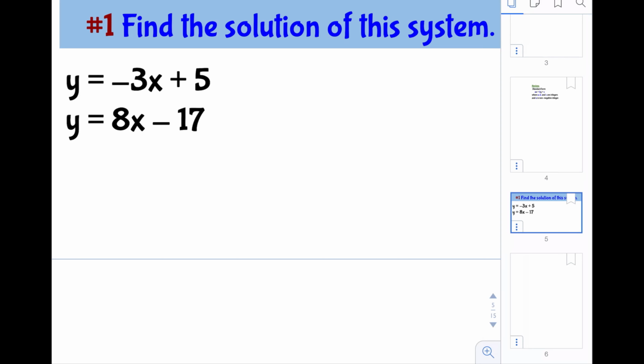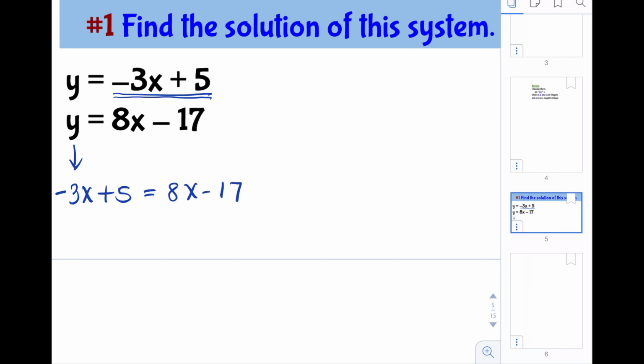To do this, we know that y is equal to negative 3x plus 5. So for the second equation, y is equal to 8x minus 17, we will substitute negative 3x plus 5 for the y, so you have negative 3x plus 5 is equal to 8x minus 17.